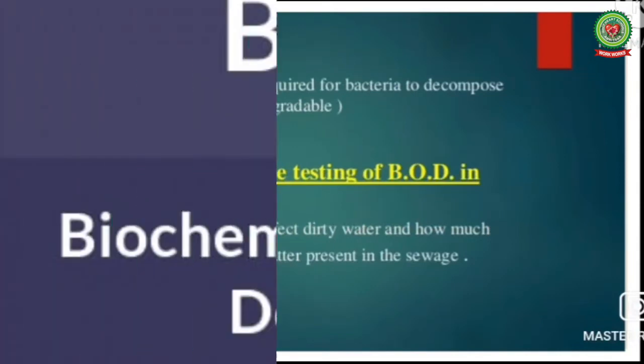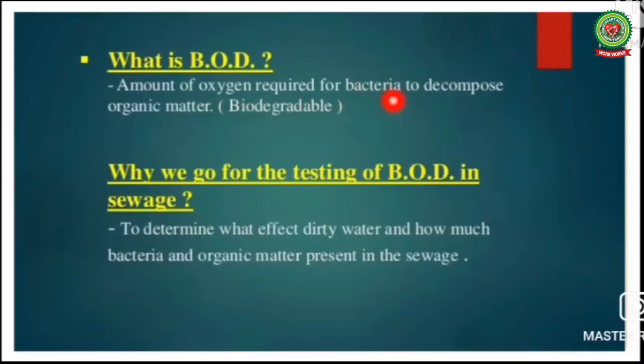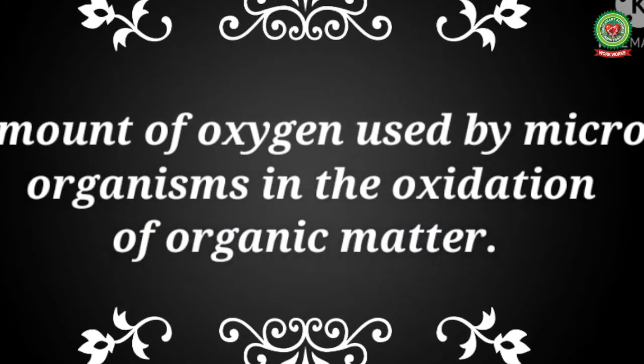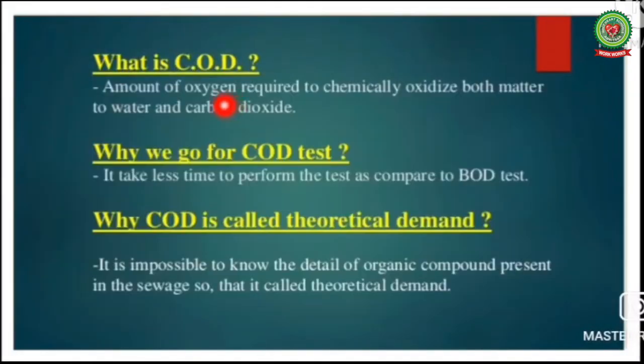BOD refers to biological oxygen demand. It is the amount of oxygen required for bacteria to decompose organic matter. That means it is a measure of the quantity of oxygen which will be used by microorganisms in the oxidation of organic matter. Now next is what is COD.